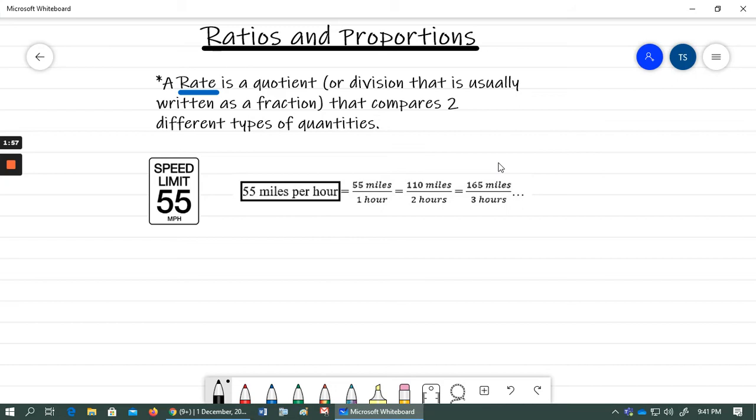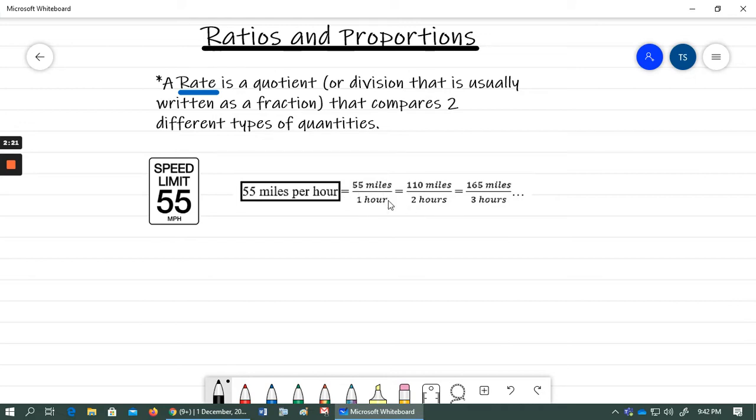It's comparing two different types of quantities. It's a quotient, some type of division, and in this case, we can write it as a fraction. If we wrote 55 miles per hour as a fraction, it would be 55 miles divided by 1 hour, or 55 over 1 hour.